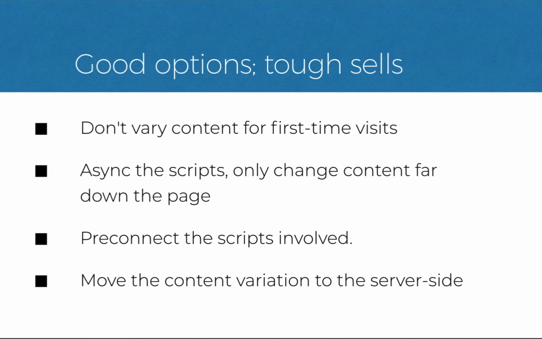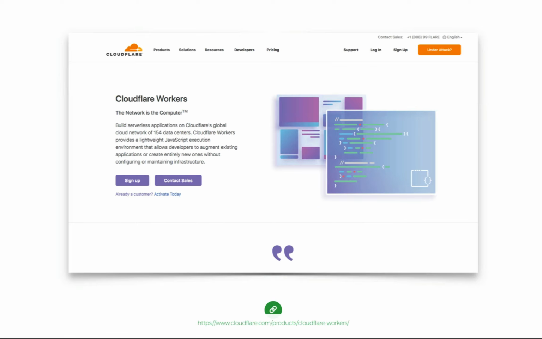Pre-connecting especially, just getting the DNS and the server connection made early can help in a really unobtrusive way. And ideally, the more we can move content variation, HTML variation, to the server side instead of happening in the browser itself, the better for performance. And there are great tools today to move a lot of our logic out of the browser and into middle tiers like CDNs.